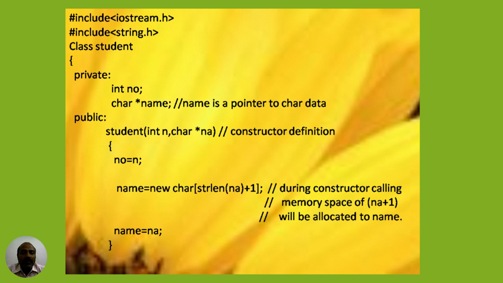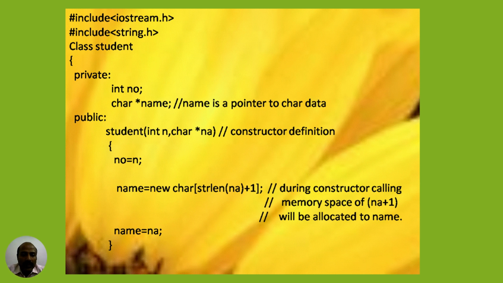In the public section we declare a constructor, student, which has some arguments, an integer argument and a character pointer argument. In the constructor definition, no equal to n and name equal to new. I already told you the new operator is used to allocate and initialize the memory variables. Name equal to new char of string length of na plus 1.